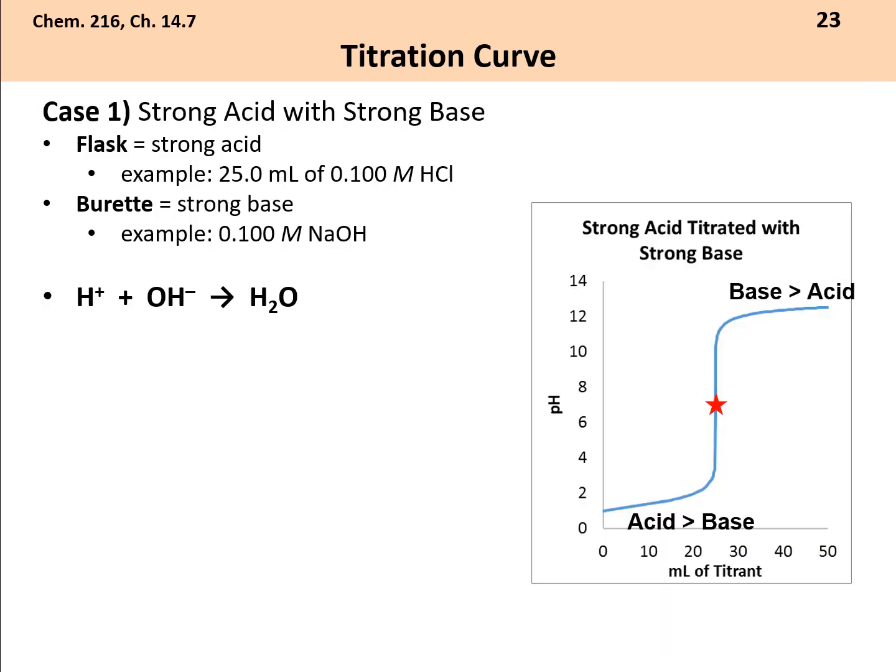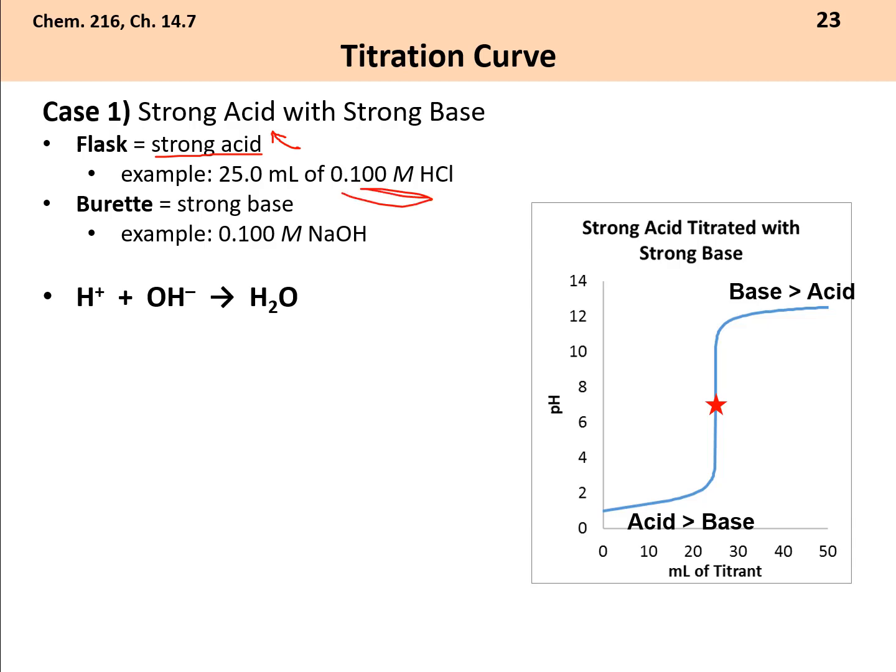Let's say we have a strong acid and we're going to titrate it with a strong base. Okay? What this means is in my flask will be the strong acid. Okay? Typically this means I don't know its pH or its concentration.